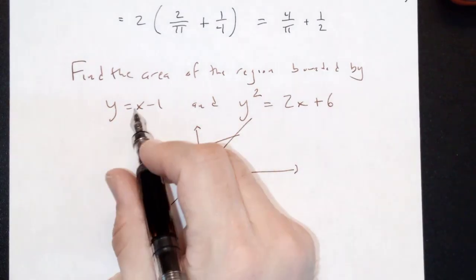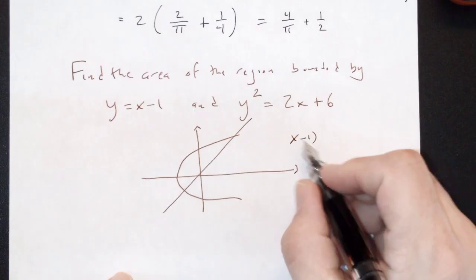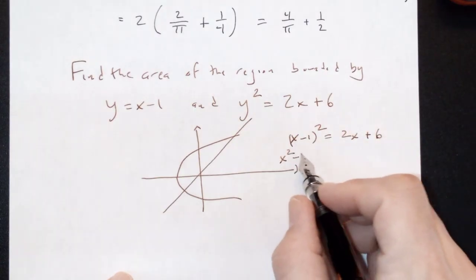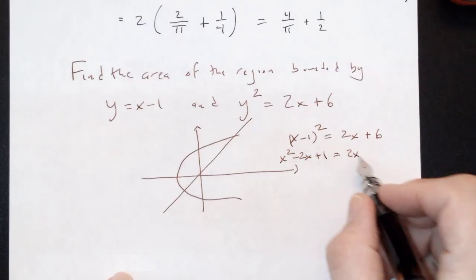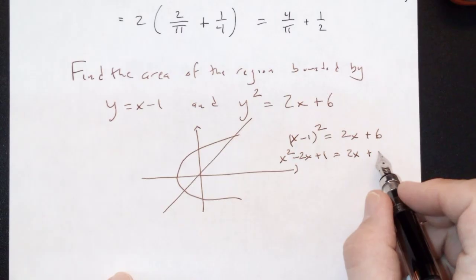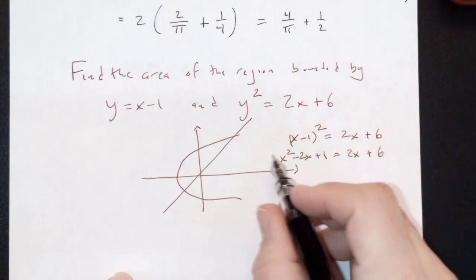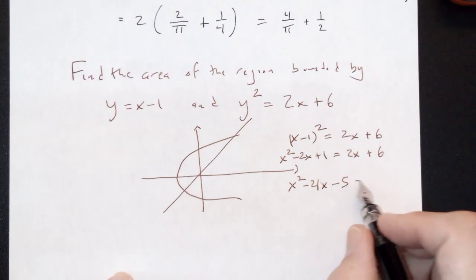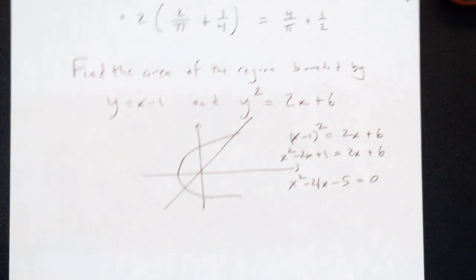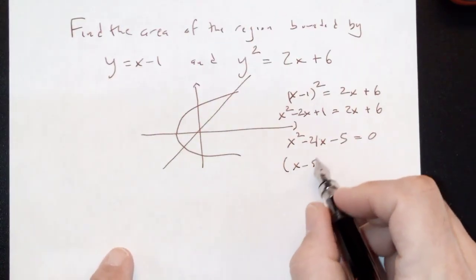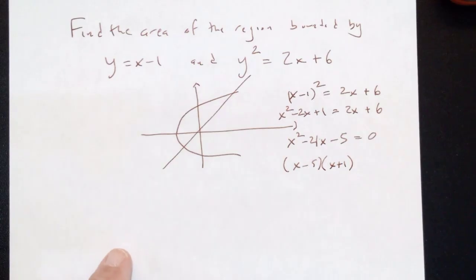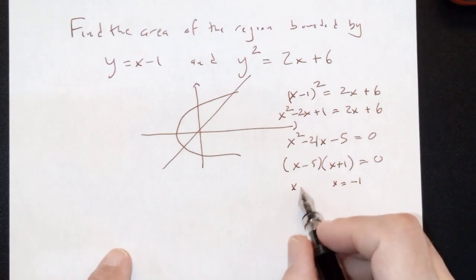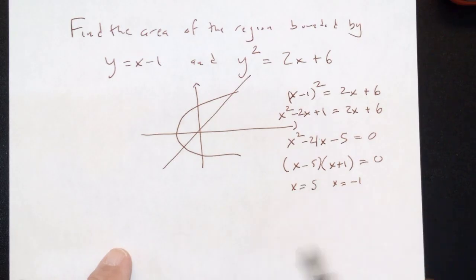If I put this expression for y in here, I get x minus 1 squared equals 2x plus 6. X squared minus 2x plus 1 equals 2x plus 6. Move it over. I get x squared minus 4x minus 5 equals 0, which factors: x minus 5, x plus 1. So these cross when x is negative 1 and when x is 5.